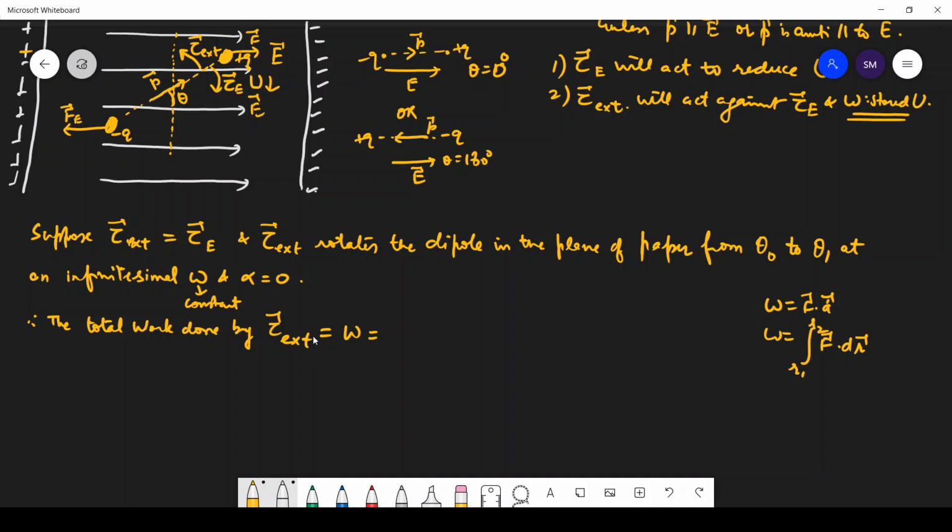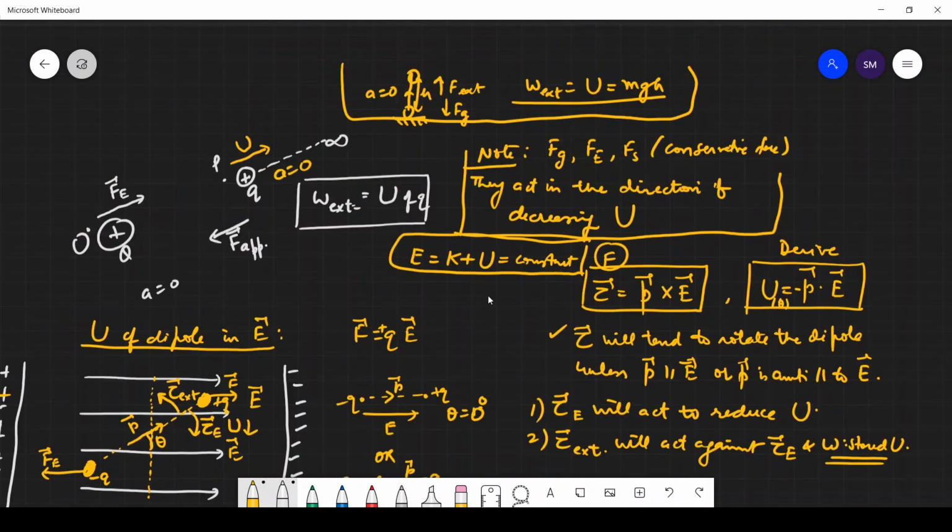So here also this force depends on theta, and you know very well that these forces depend on the distance between the charges. Coulomb's force, the electric force, is equal to K Q1 Q2 by R square.